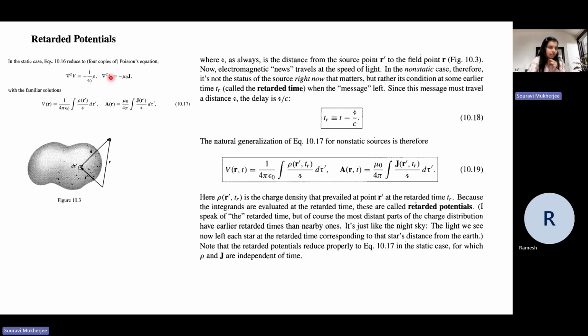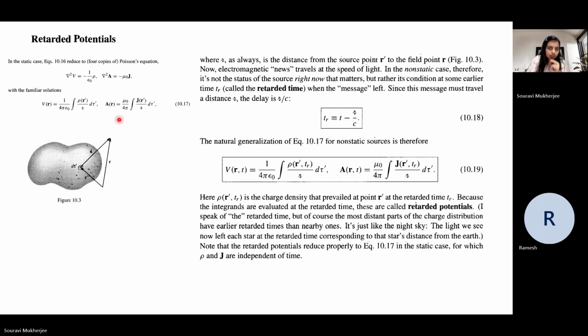And because you have the vector potential also, it has a similar form. So now you can write an expression for the scalar potential and the vector potential in terms of the charge density and the current densities. These are the typical relations.